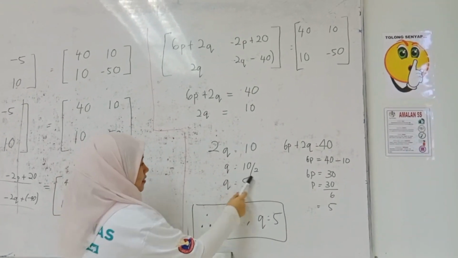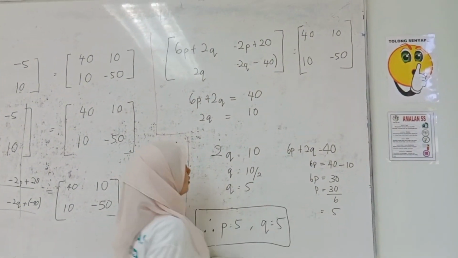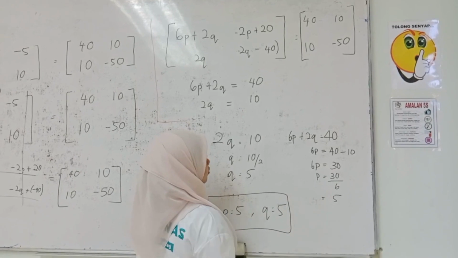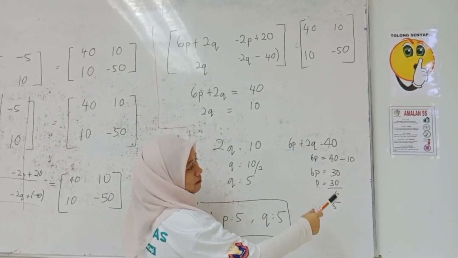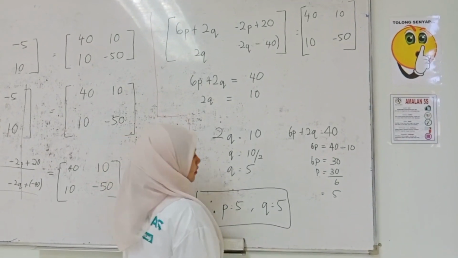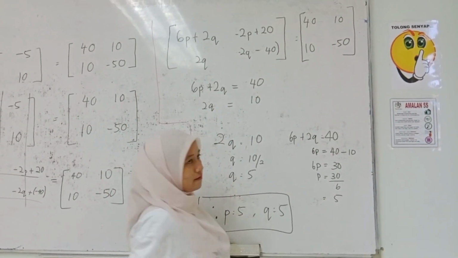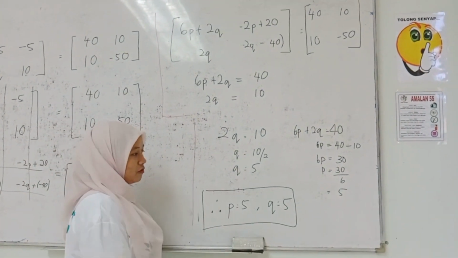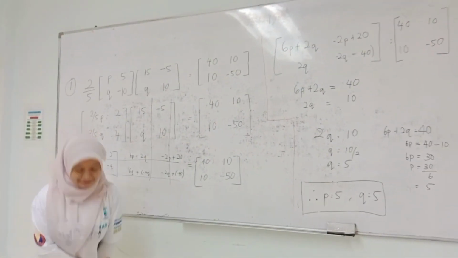So with this answer, we place it at equation 1, 6p plus 2q equals to 40. 60 minus 40 minus 10, and we get the answer is 5. So p equals to 5, q equals to 5. Thank you.